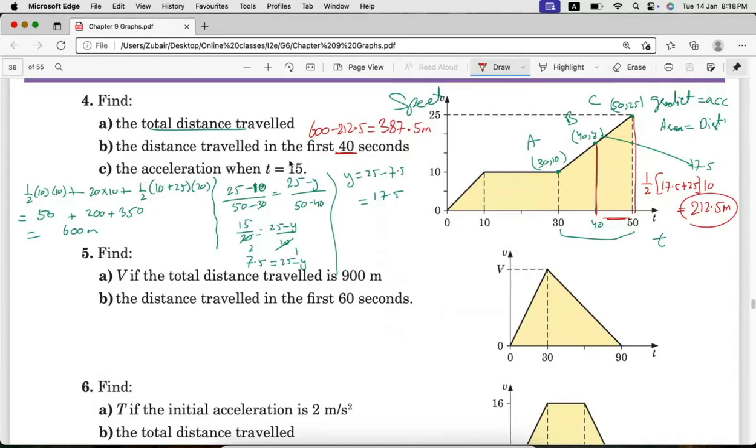Try the last part, the acceleration when t is equal to 15. Which aspect of this graph will give the acceleration of a speed time graph?